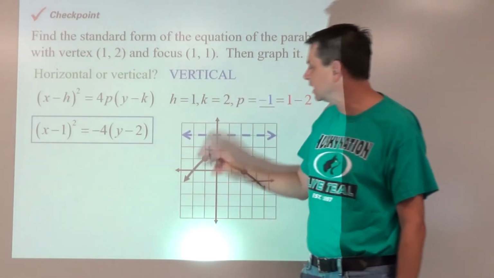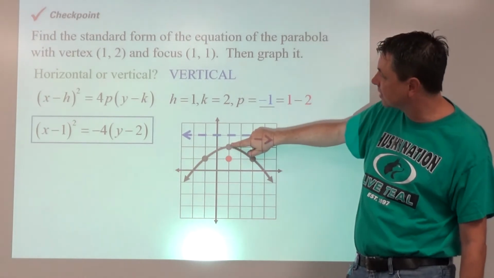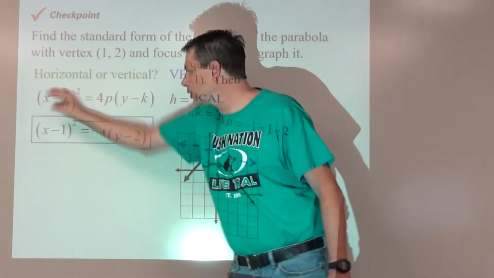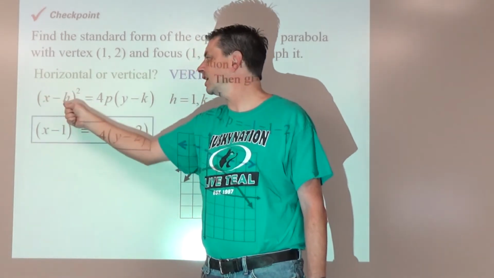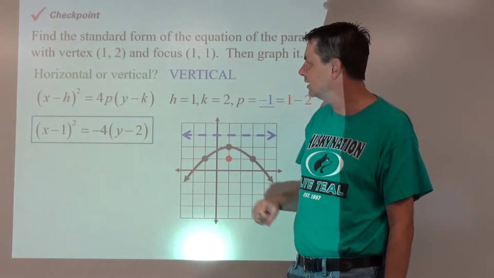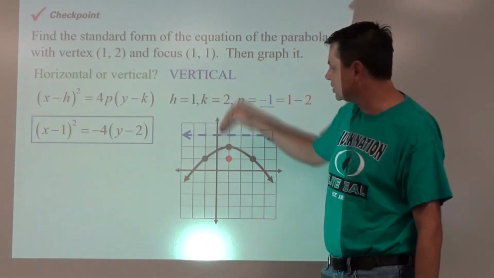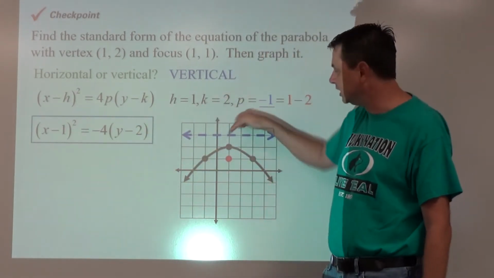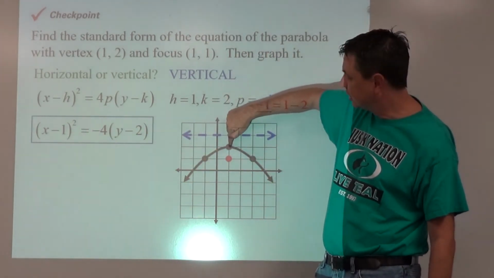All right, so if we kind of look at plotting the vertex and the focus, we can see they line up vertically. So that's our usual parabola, x being squared, (x minus h) squared is equal to 4 times p times (y minus k). And then the vertex gave us the h and the k. So that's going to go here and here. We just need to find the p to get from the vertex to the focus.